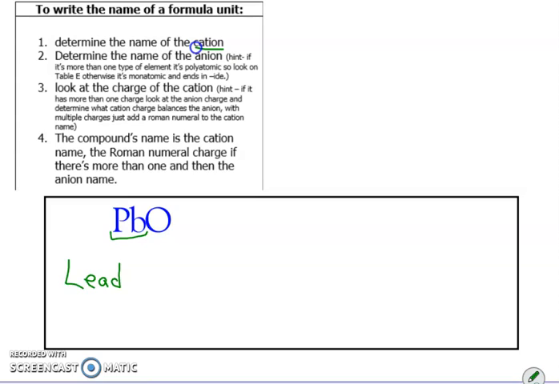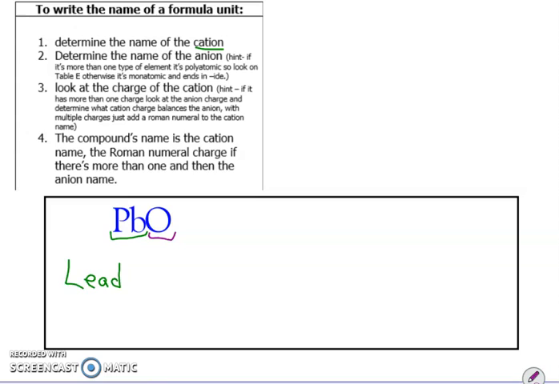The second thing says determine the name of the anion. So the anion is the second part here, the O, all right? And it says hint: if it's more than one type of element, it's polyatomic, so you've got to look on table E. Otherwise, it's a monatomic, it's going to end in -ide.